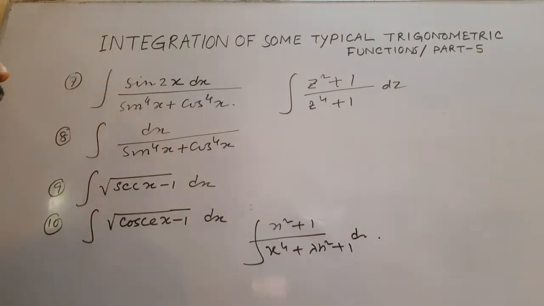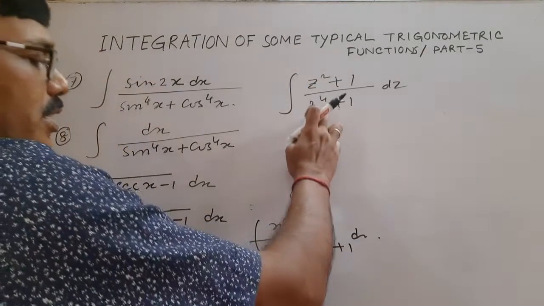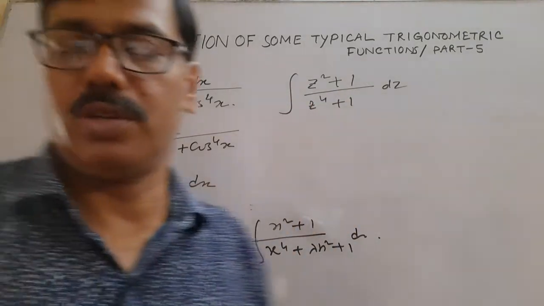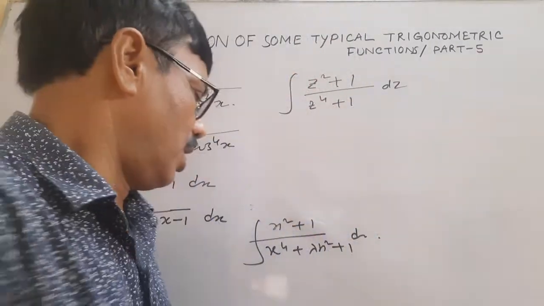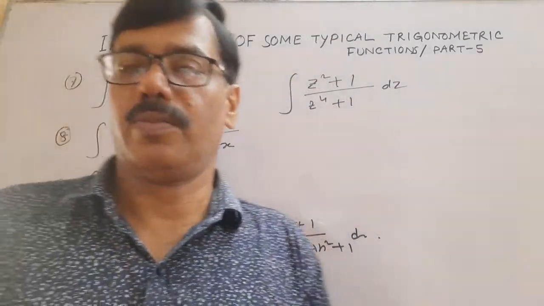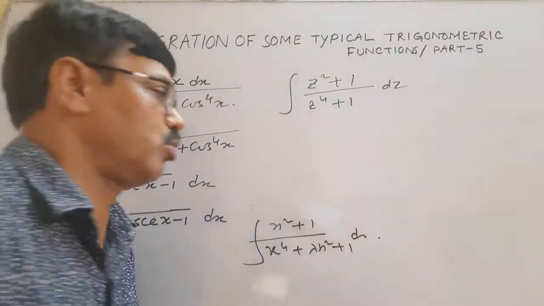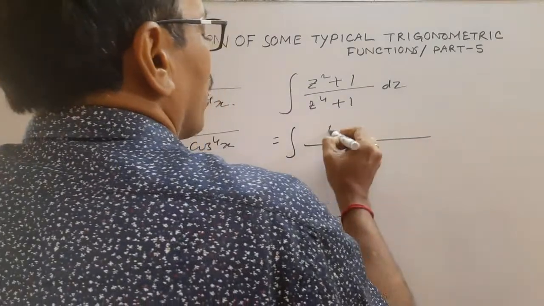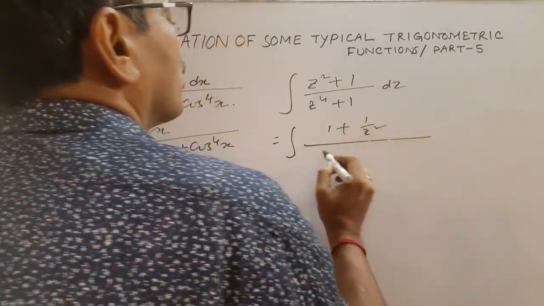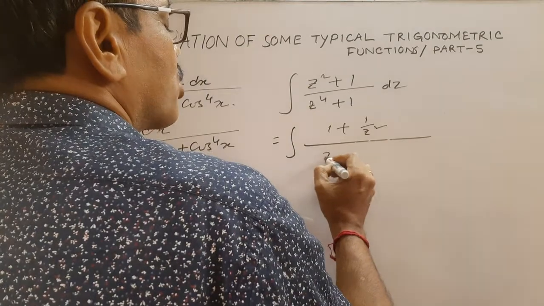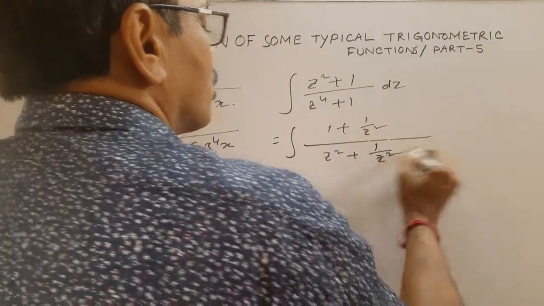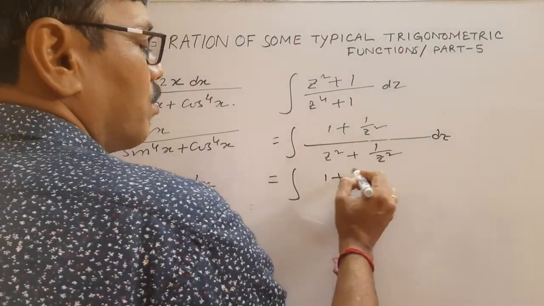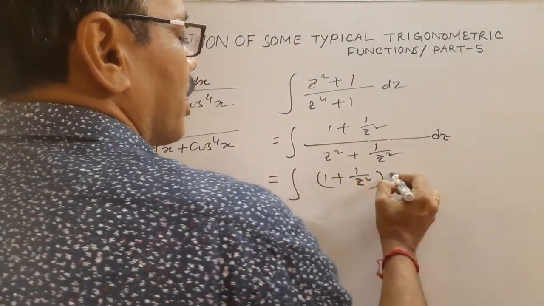Because here this is z to the power 4 plus 1, here lambda equals 0. So the rule is you have to divide by x square, then x minus 1 by x equals z. So dividing by z square, this is z square plus 1 by z square dz. So this is 1 by 1 plus z square dz.